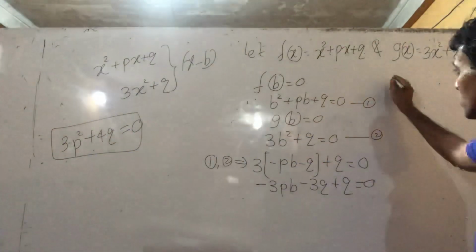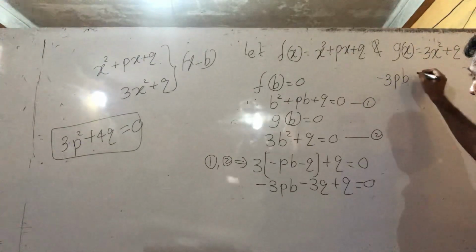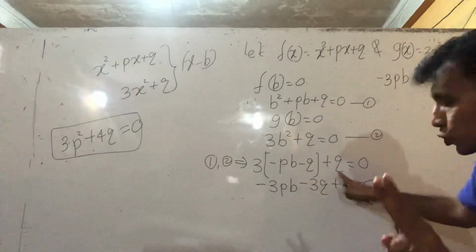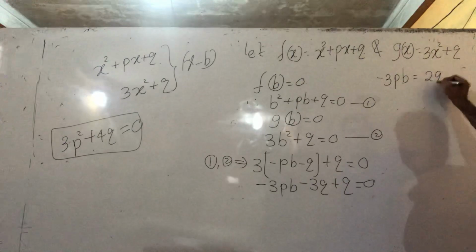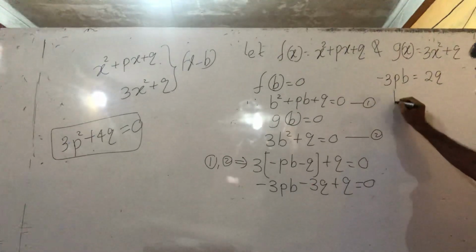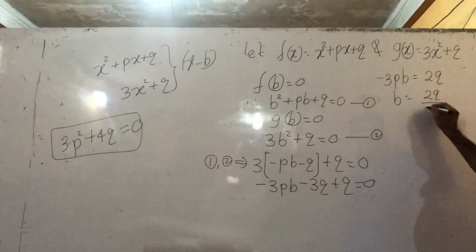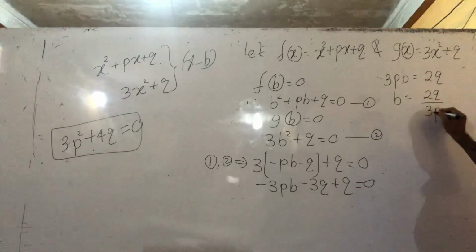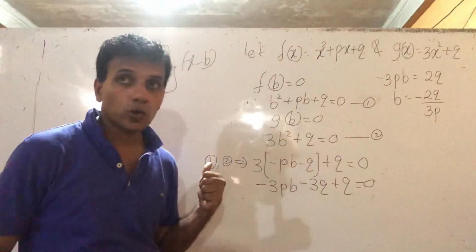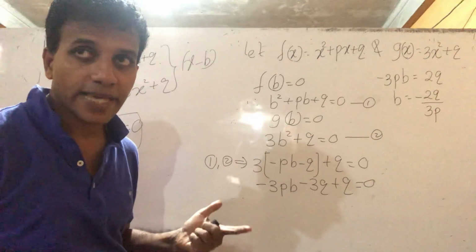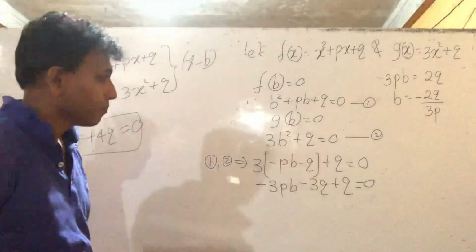Take this all, minus 3pb, minus 2q this side, plus 2q. So b equals minus 2q over 3p. Check, is it okay? If you make a mistake, you can't reach the exact solution. That is the b answer.